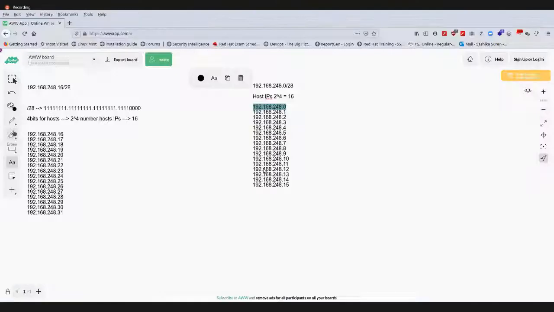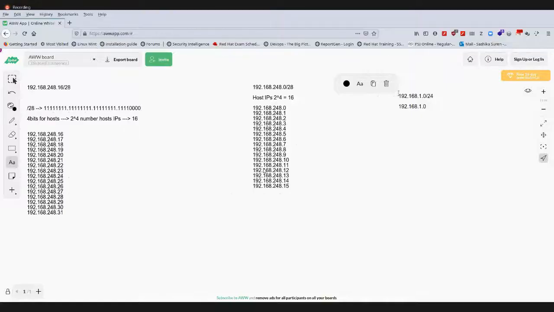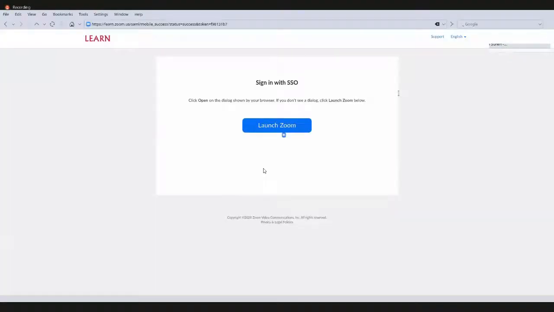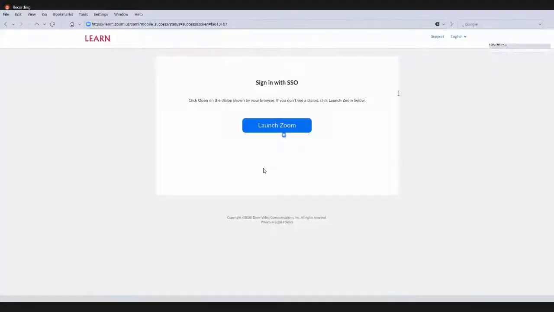It can be anything. Even if you go through just the basic class C subnet, when you say /24, the first IP address here is 192.168.1.0. That will be 2 to the power 8, so we can assign 256 IP addresses.